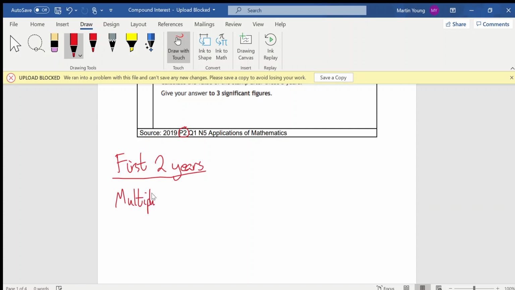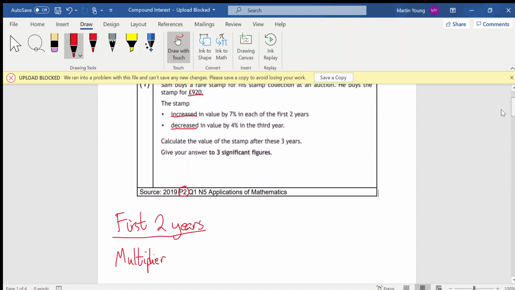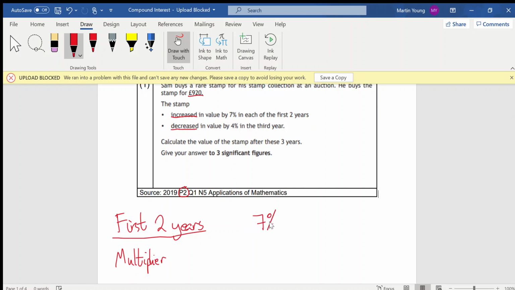So the increase was 7%. What is 7% as a decimal? Let's just turn that into a decimal just now. 7% is 0.07. Remember, we just divide by 100. Now, I am increasing by 7%. So think about it, you always start with 100%, which is just 1. And if you increase, we're adding that on.